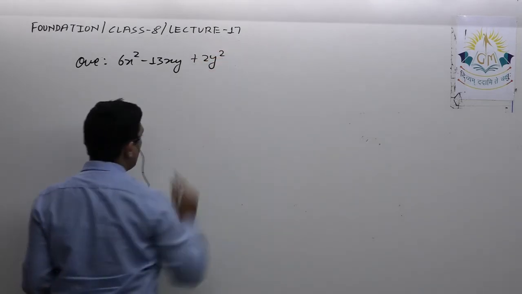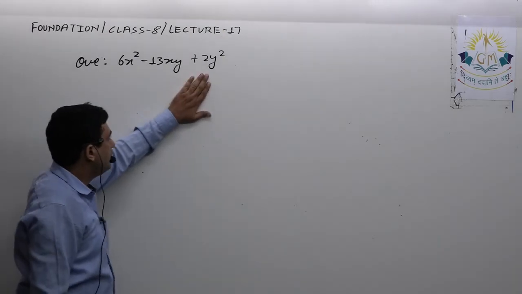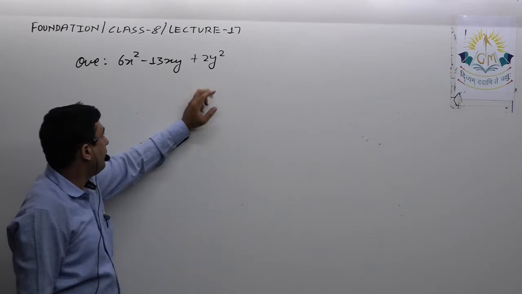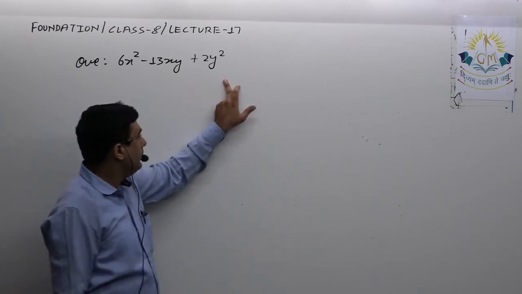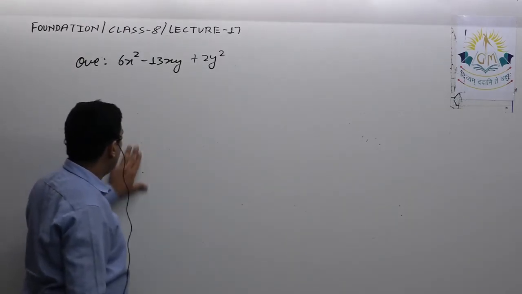Okay, this is a little bit different. Up till now we saw questions in which there was a constant term. Here instead of a constant term there is again a term having a variable, but the method is the same.